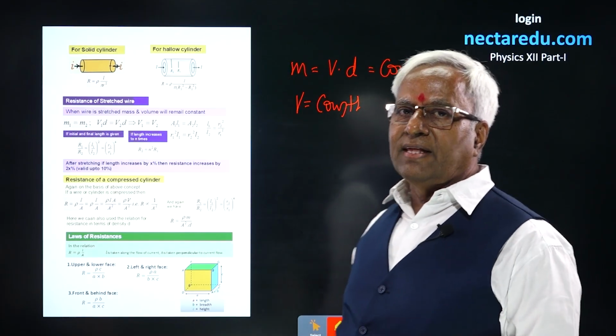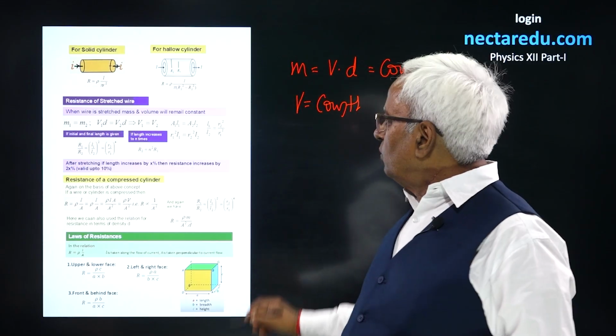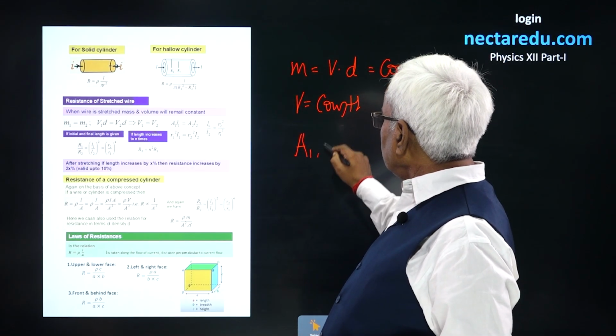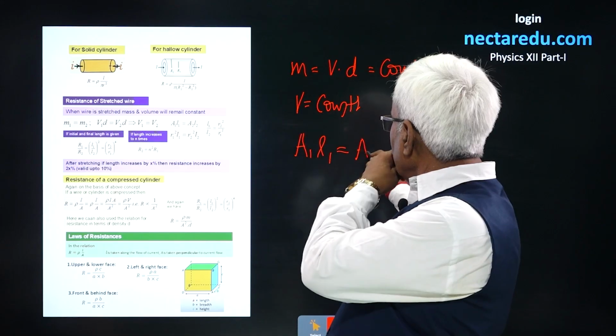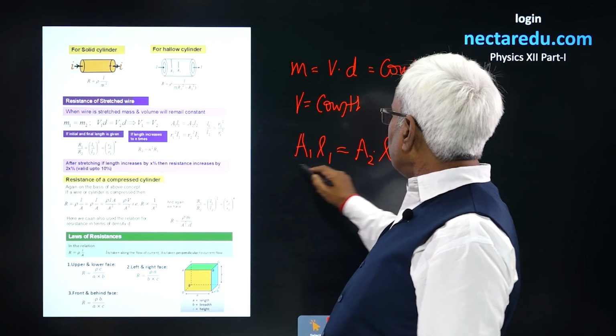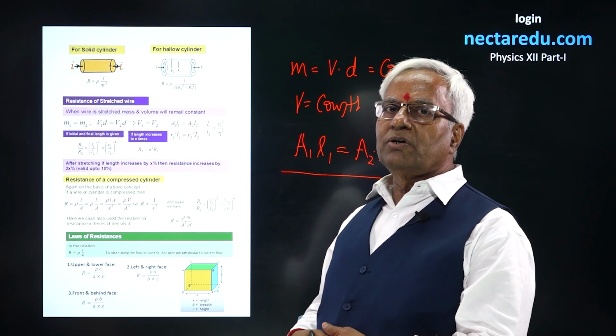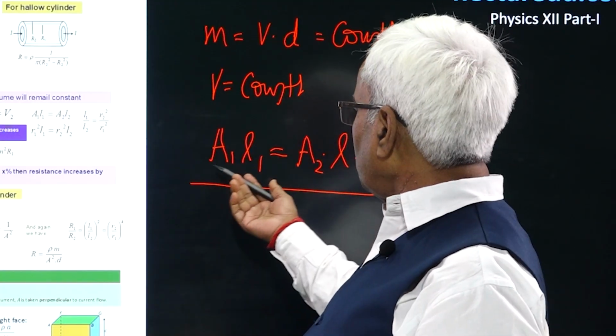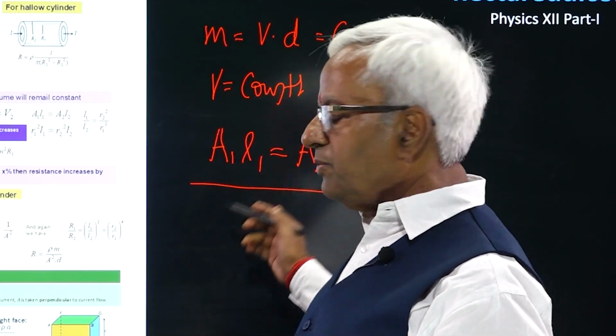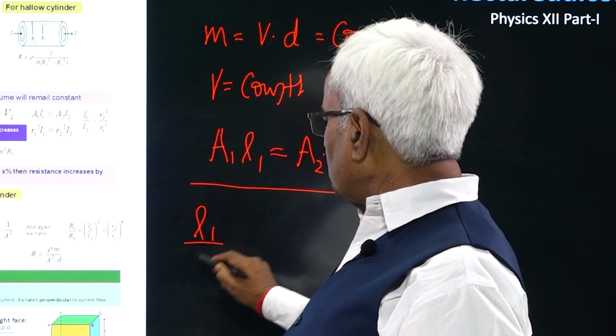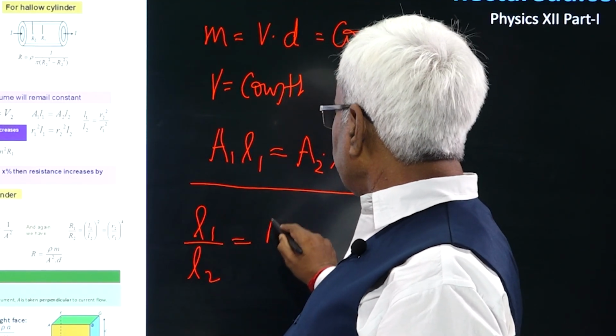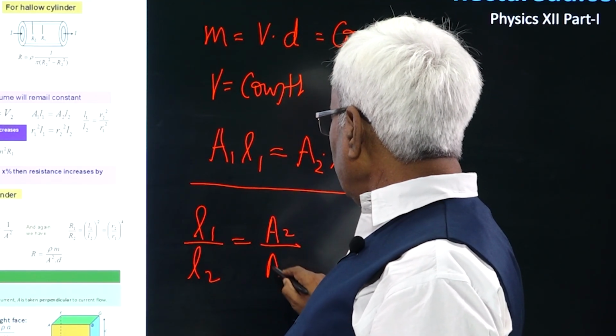Volume for a cylinder is area into length. Both initially and finally, the volume should be constant. So it becomes A1 L1 = A2 L2. Then L1 upon L2 is A2 upon A1.